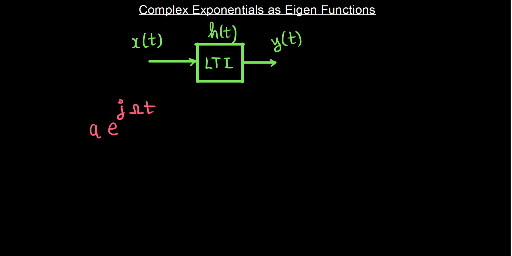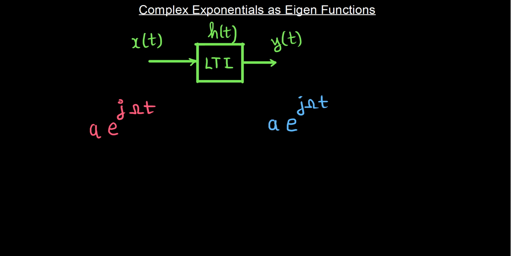If we give this complex exponential as an input to this LTI system, the output is the same exponential e to the power j omega t with a change in the amplitude.